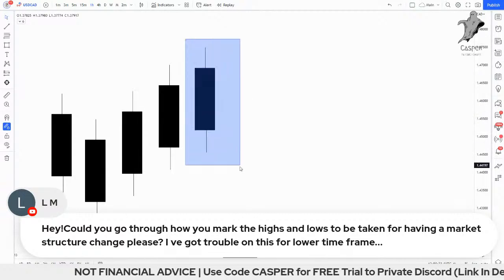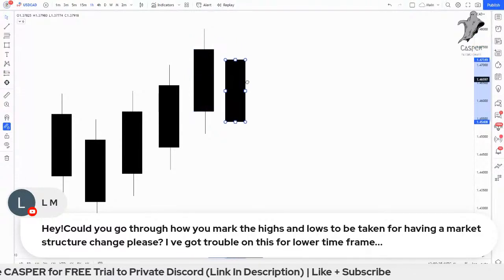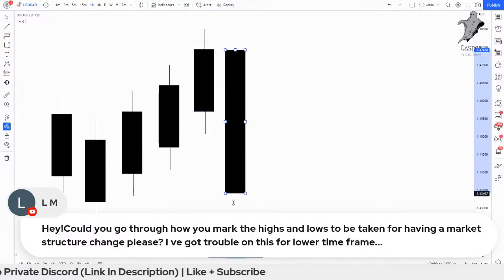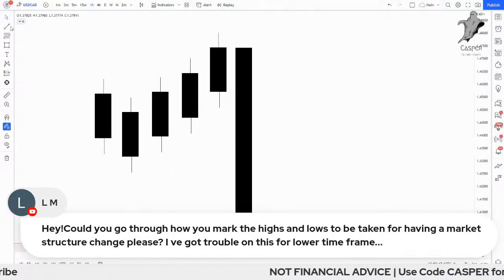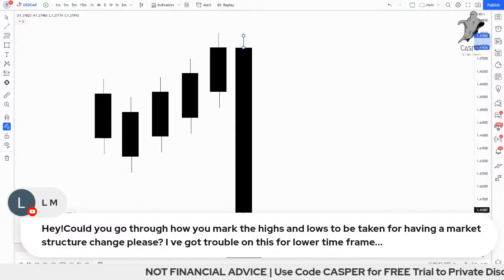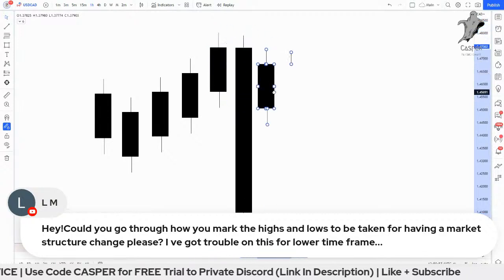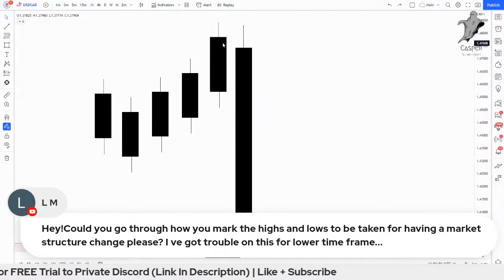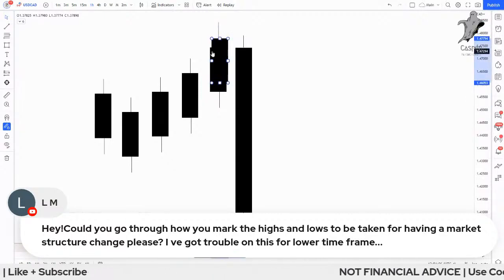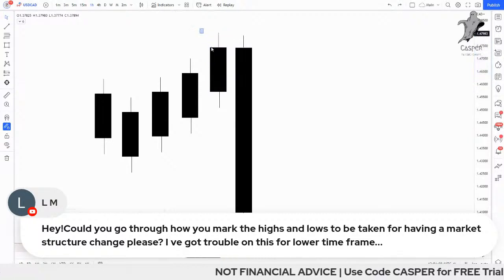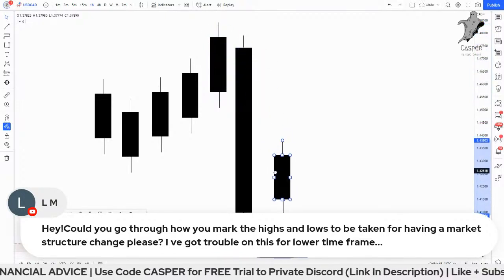Yeah, I'm getting the whole nice little drawing for you guys. TradingView is a really good tool if you know how to use it and just have a little patience.